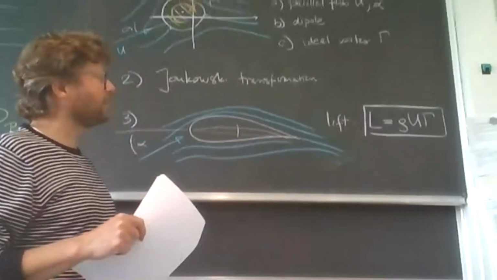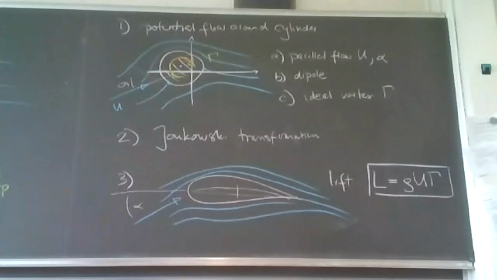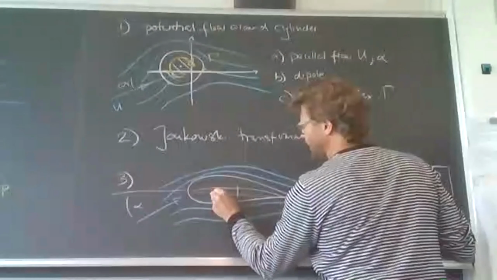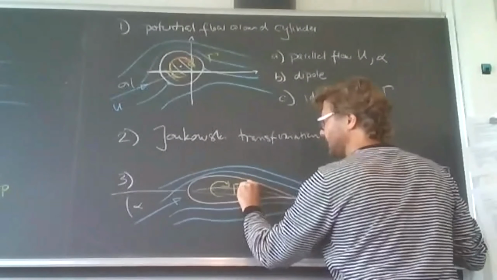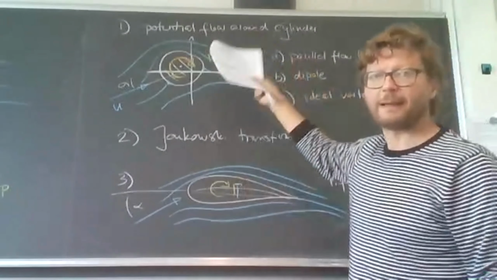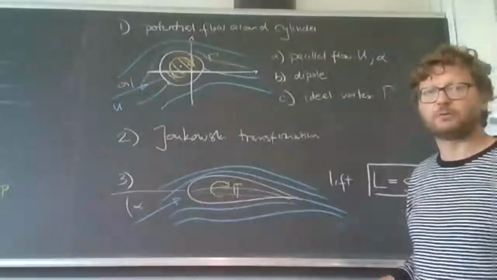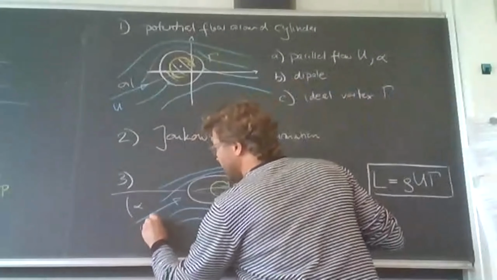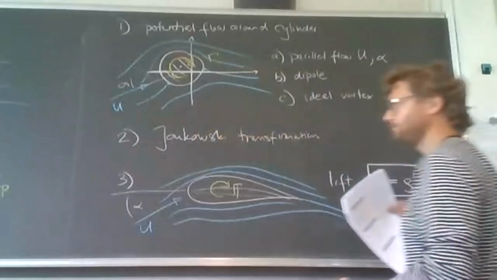So whatever gamma we have used here is also the gamma that we have here, because of the conformal mapping, whatever gamma is here is also here. That's the property of the conformal mapping, just as the velocity U here remains the same as the velocity U here.